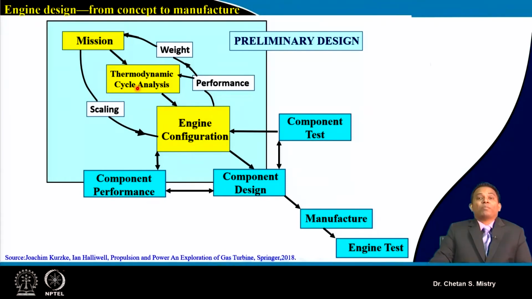If you are talking about power plants, for that also we need to first do the thermodynamic cycle analysis. Now what is this thermodynamic cycle analysis? It will give us an idea about the variation of pressure, temperature, speed, and different velocity components.